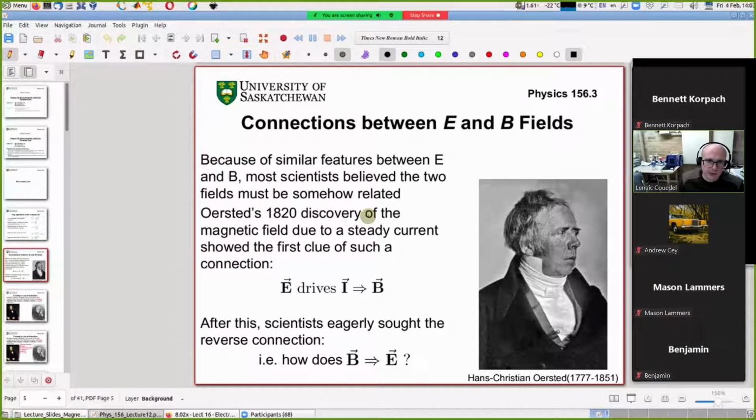So in 1820, Ørsted discovered that you could create a magnetic field with a steady current, and it showed the first clue of such a connection. We know that electric field drives the electrical current, and that those currents induce a magnetic field. So what was left to do was to find the reverse connection: how magnetic field is linked to electric field.